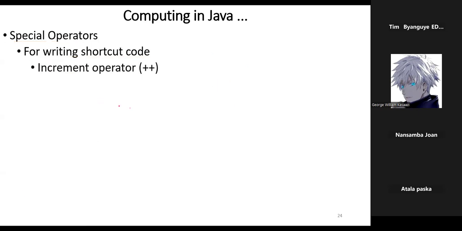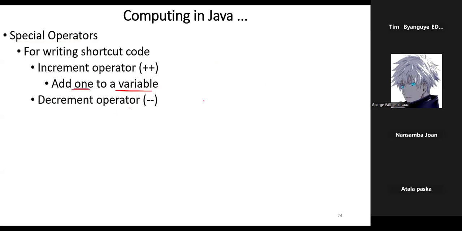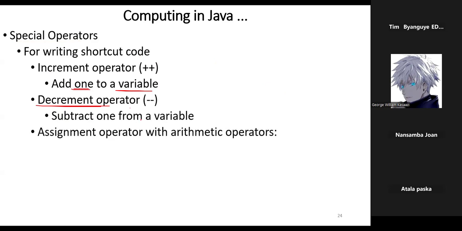But of course, there are others that we use that are not exactly the ones that you have in print statements. One of them is the increment operator, and we have seen, or we should know by now, that it adds 1 to a variable, okay? And then the decrement operator subtracts 1 from the variable.